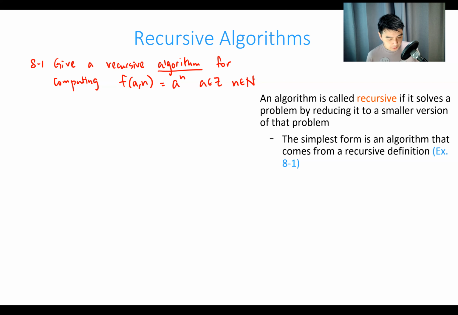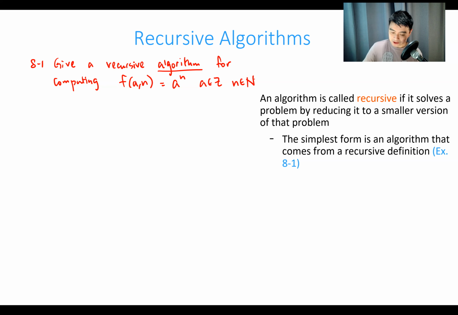All right. So the first thing we should realize is that in terms of a recursive definition, think back to our previous video when we worked with recursive definitions, what we need is actually a smallest case. Now, this is kind of a weird scenario because we have a function that involves two inputs. It has a as well as n.